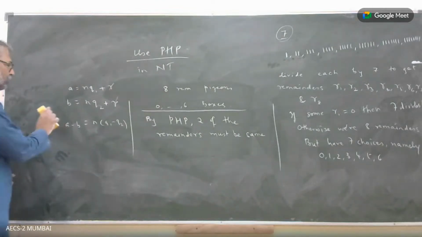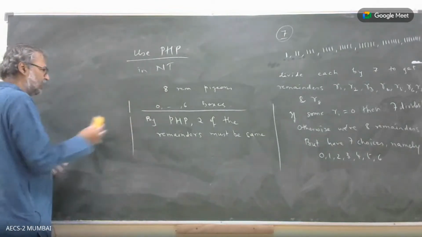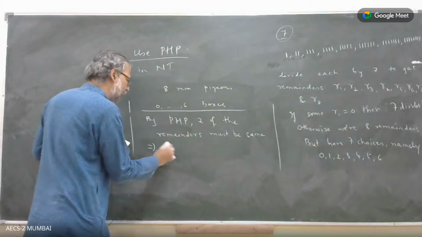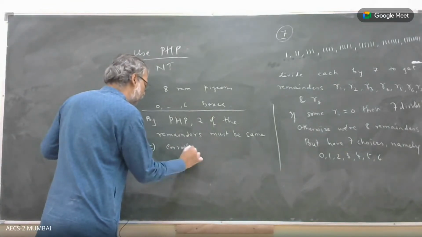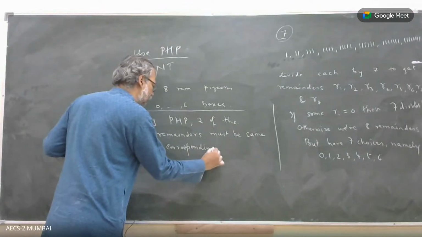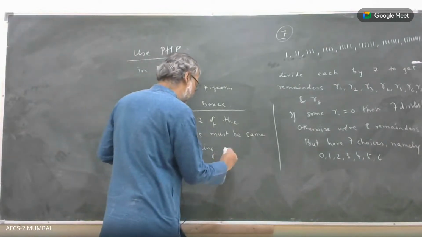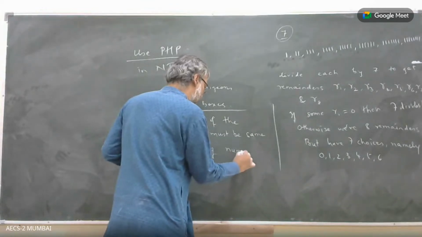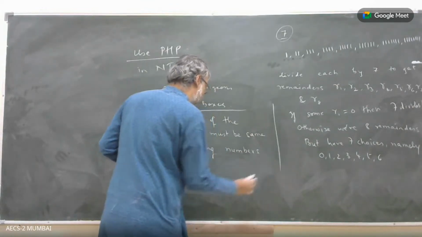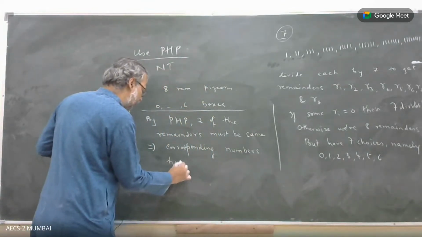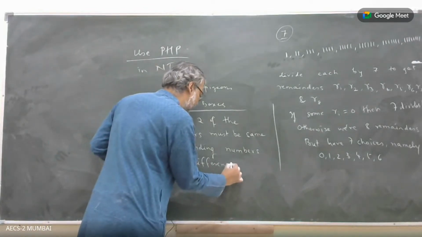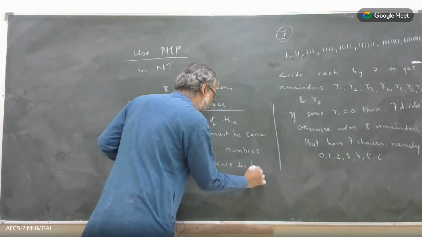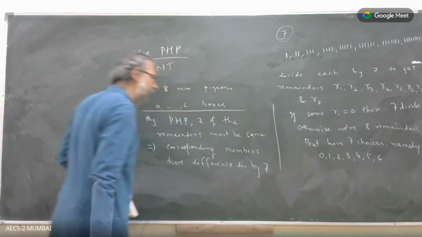Okay? So if two remainders are the same, it implies the corresponding numbers have a difference divisible by 7.